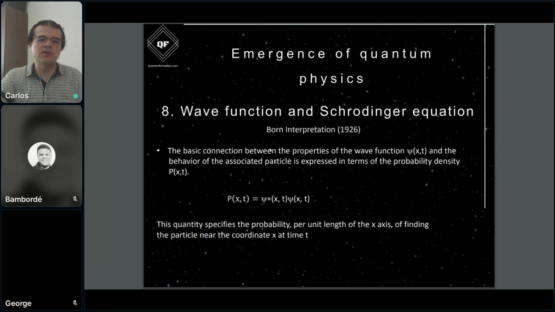What has existence is the probabilities. The basic connection between the properties of the wave function and the behavior of the associated particle is expressed in terms of the probability density, which we call P, given by psi conjugate times psi. Again, we will have a formal definition of this when we see the math tools, when we discuss Hilbert space, because so far he didn't know about Hilbert space.